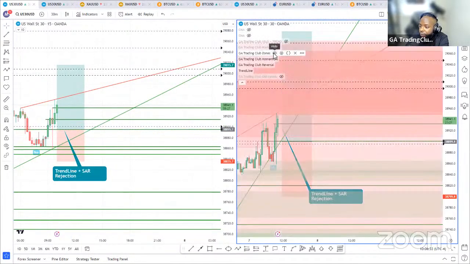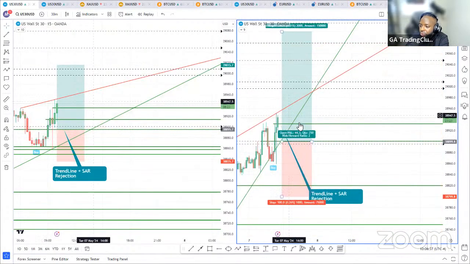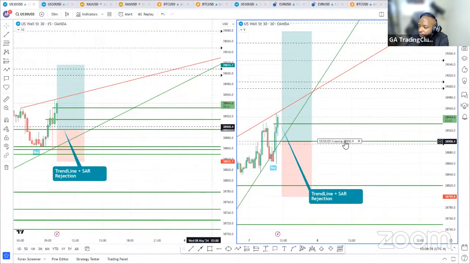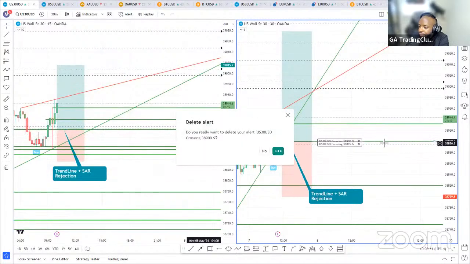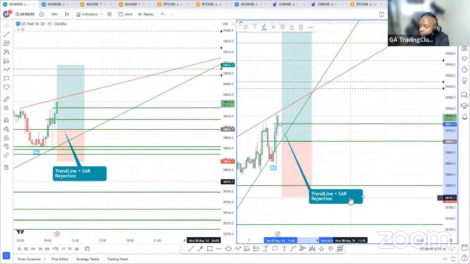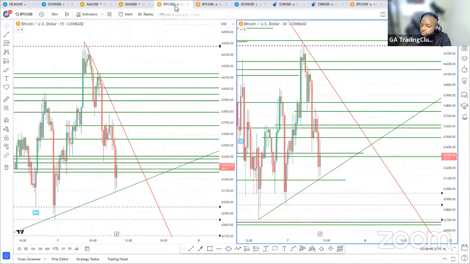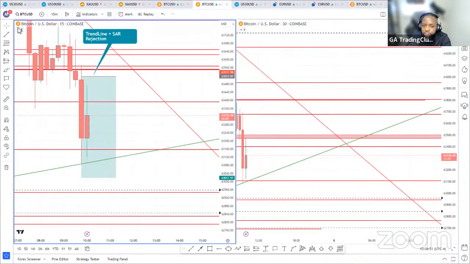On the 30 minute, same thing, we're in big supply here. So for these trades on US 30, I'll go ahead and cancel them, cancel these alerts here and delete these ones.